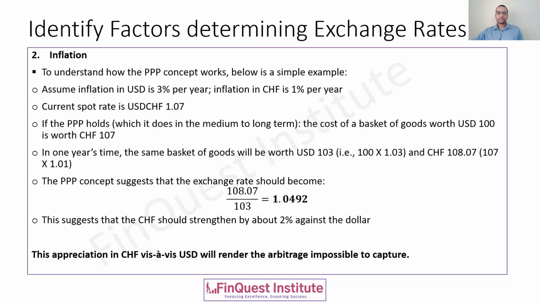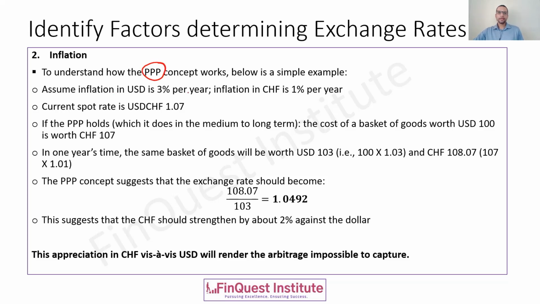Now that we have discussed the arbitraging idea, let's see one more example of how exactly an exchange rate is going to move based on a certain price level. This will help us further understand how purchasing power parity works.